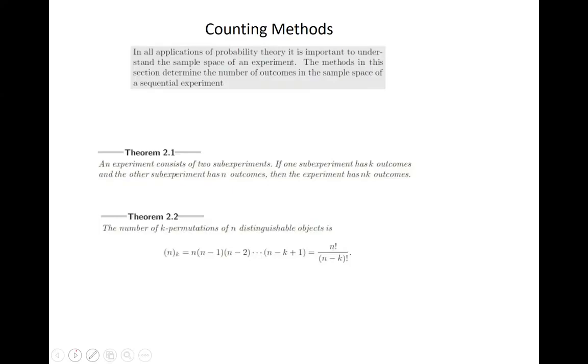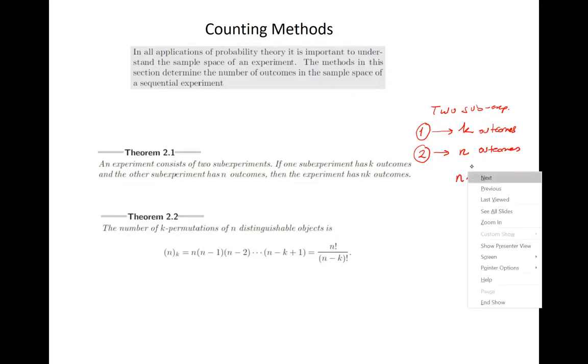If we have two sub-experiments, so sequential experiments, if the first sub-experiment has K outcomes and the second sub-experiment has N outcomes, then the experiment has N times K outcomes.